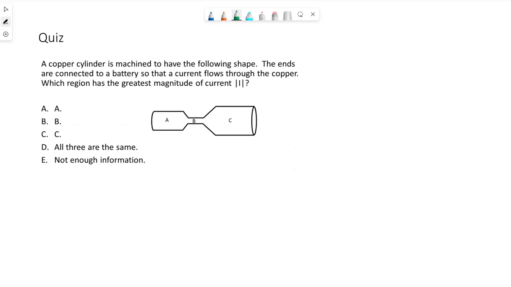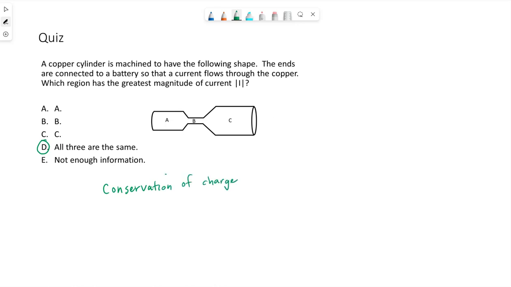So our first question is right here. What do you think the answer is? The correct answer is D. This boils down to what we've talked about with conservation of charge.